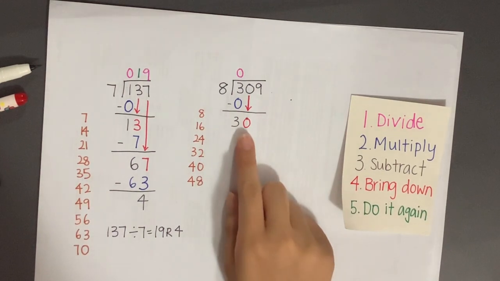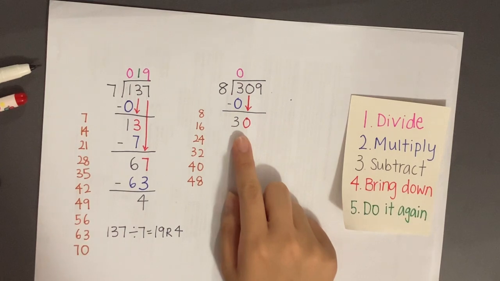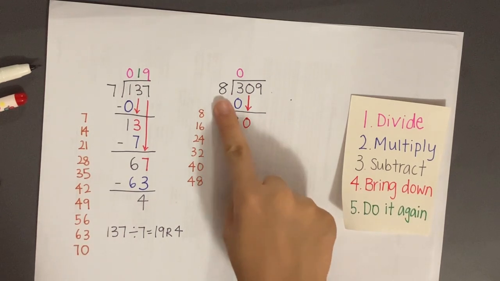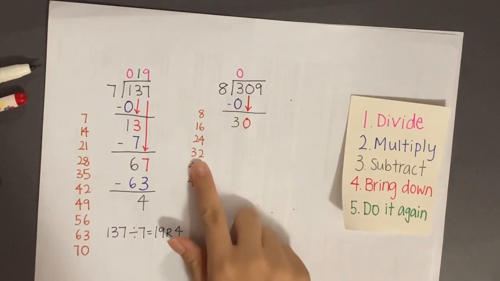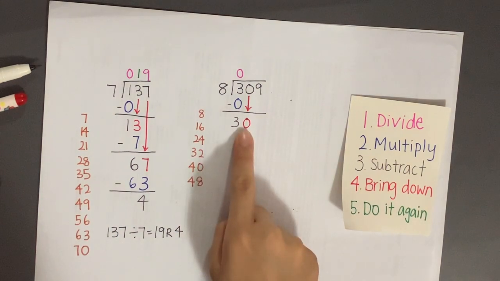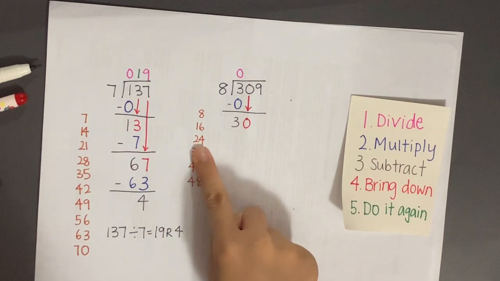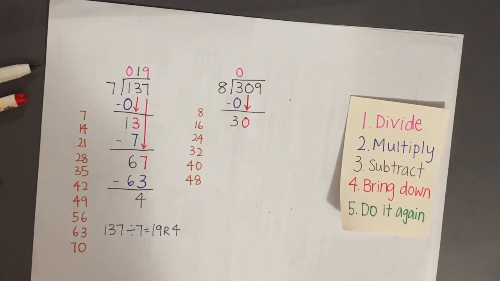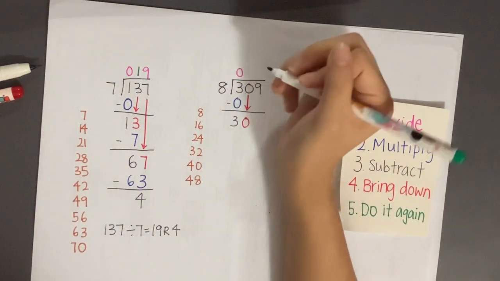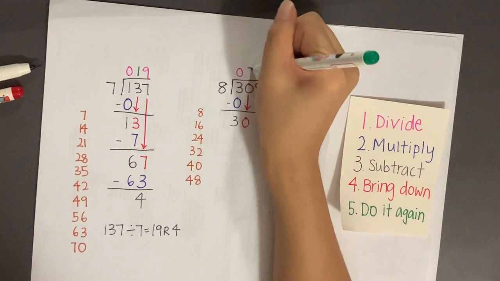Now, I need to find a number that is smaller than 30 but the closest to 30 that can divide by 8. I cannot pick 32 because 32 is larger than 30, so I have to pick the number before that, which is 24. What is 24 divided by 8? Okay, 24 divided by 8 is 3.